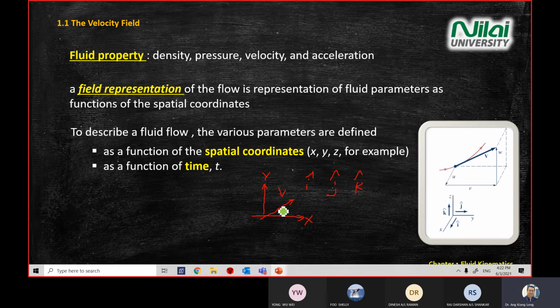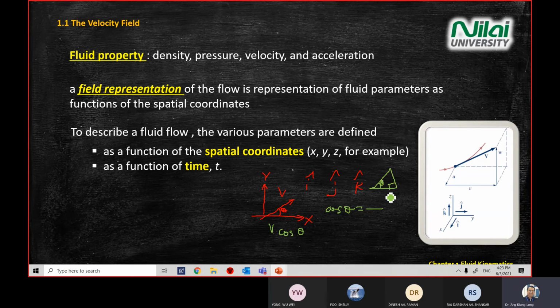So if you want to break this V to the x component, V in x is V cos theta. Okay, so you need to recall your trigonometry understanding. Let's say you have a triangle. This is a right angle. This is your theta.